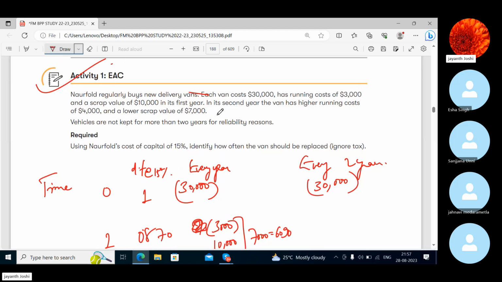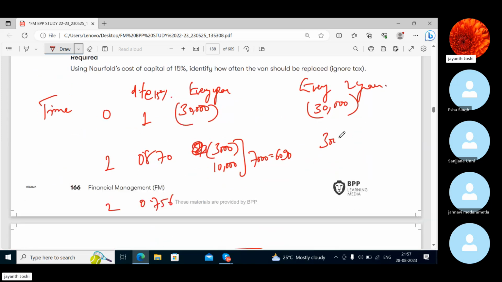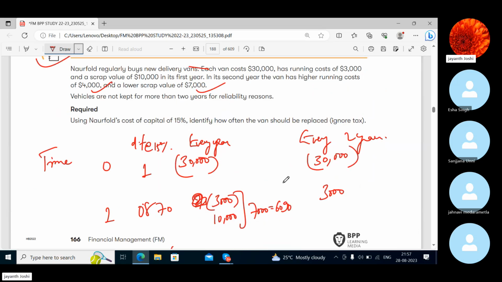Second year, higher running cost 4,000, and the scrap value. So I'll take the net of this positive value and this negative value. So I'll take 3,000 here net. How I got it is: 4,000 is your cost and 7,000 is your inflow.